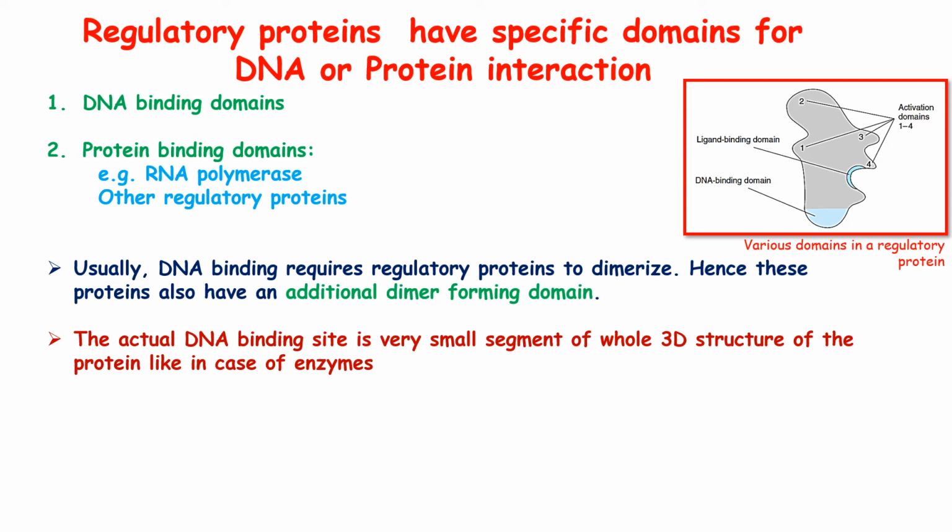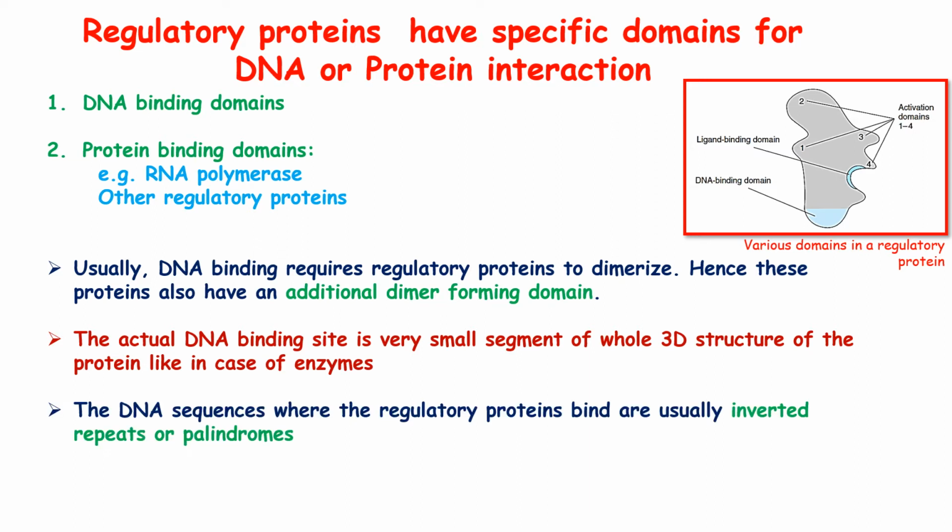Also clear from this structure and your knowledge about protein structure, a domain, and the DNA binding domain hence, is only a very small portion of the larger 3D structure of a protein, just as in the case of enzymes.